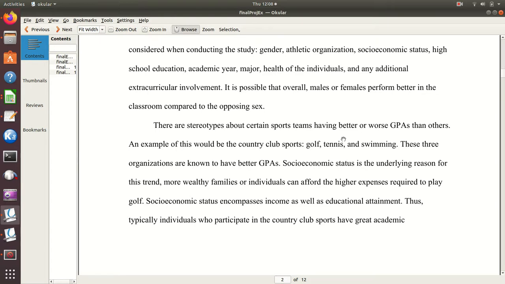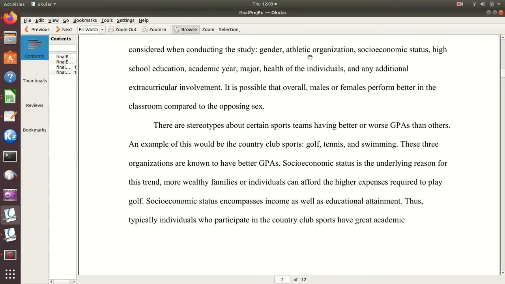Certain sports, worse or better GPAs, yeah, certainly, and I don't think that when you mention stereotypes, it necessarily needs a reference. They mentioned country club sports like golf, tennis, swimming, versus maybe others. That's what they're calling athletic organization, the sports team.